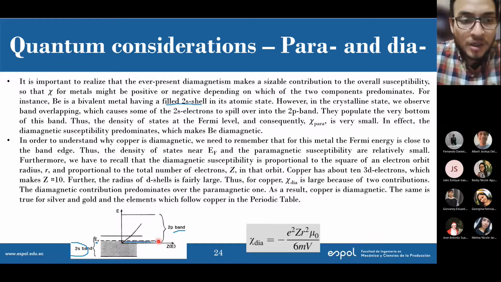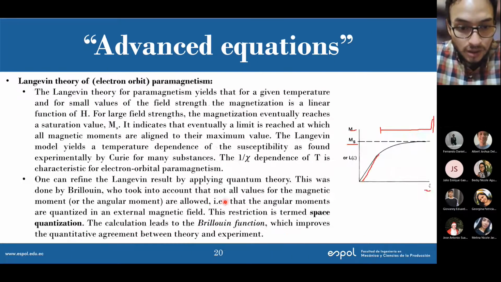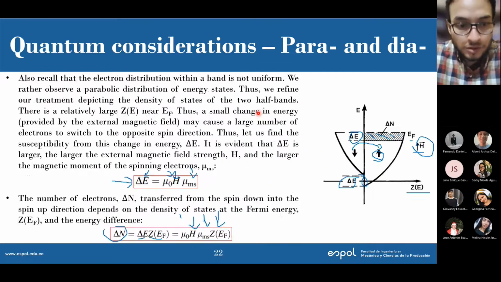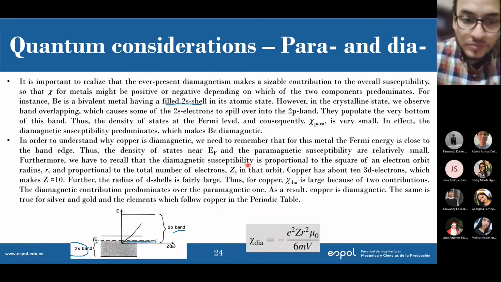In addition, remember that the diamagnetic susceptibility is proportional to the square of the electron orbit radius. Remember the equation? Here, look, it's proportional to the square of that electron orbit radius, and also proportional to the number of electrons.